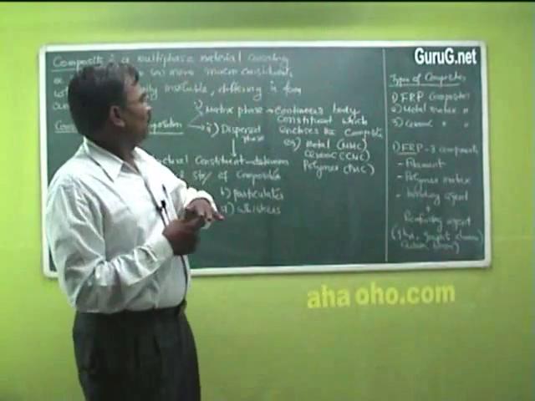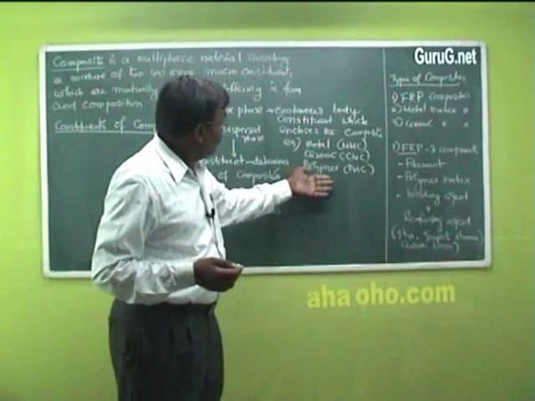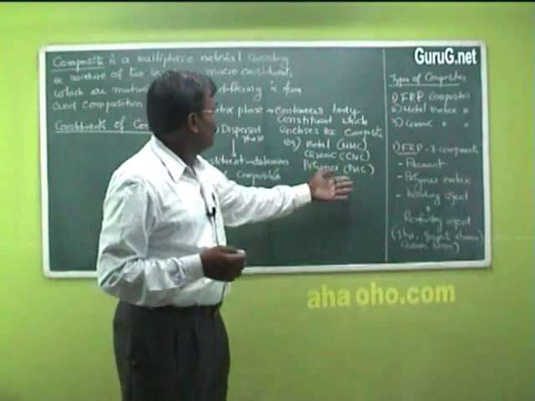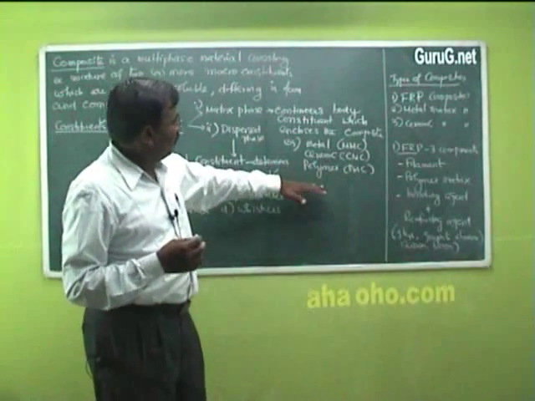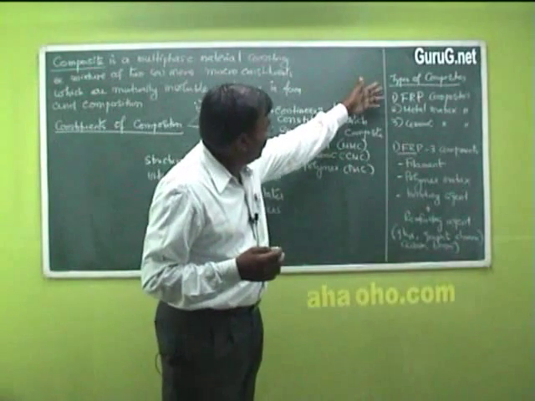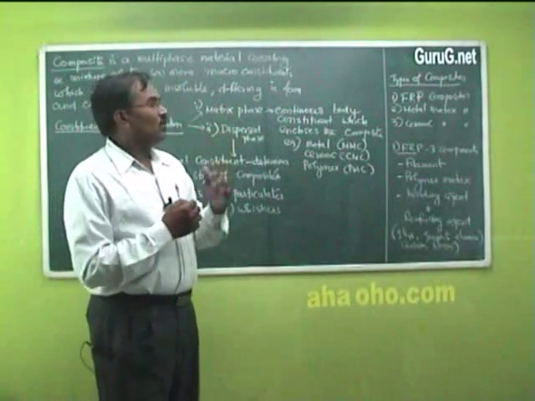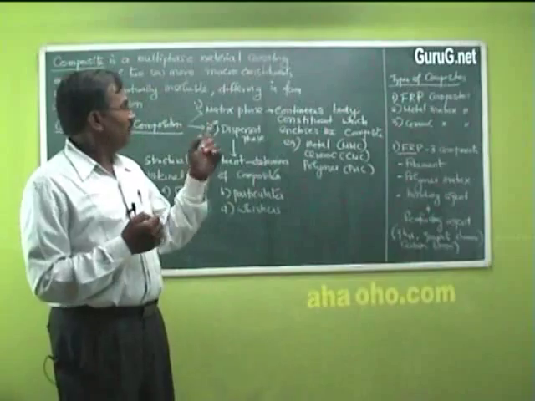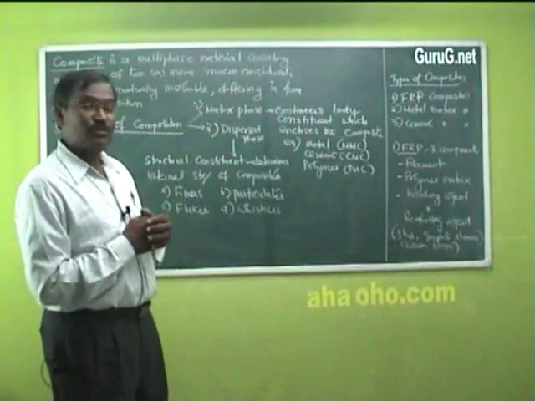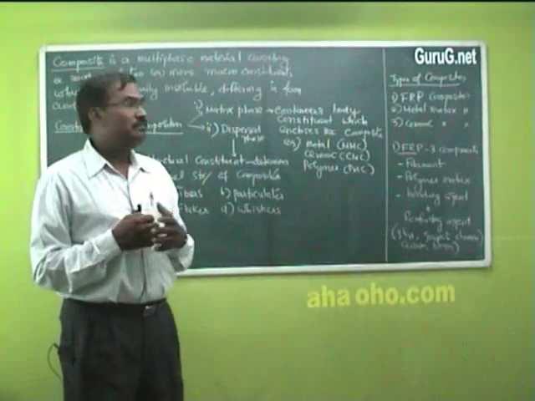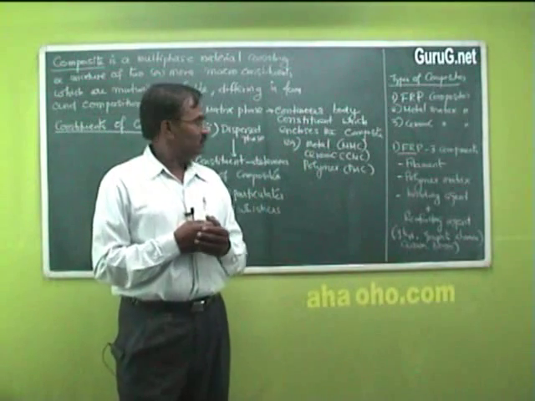Here we have a variety of composites. The types of composite: the first one is fiber reinforced plastic composite, the second one is metal matrix composite, and the third one is ceramic matrix composite.